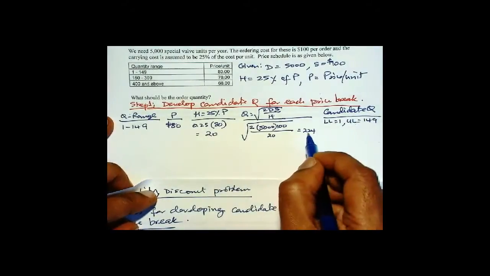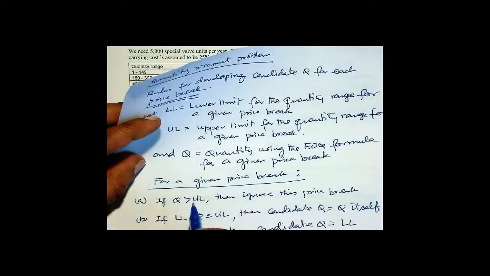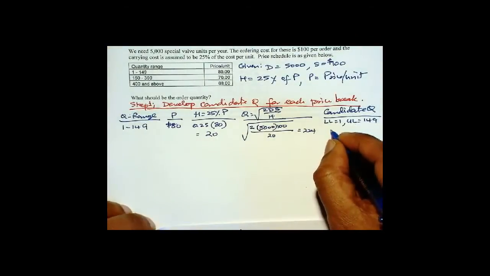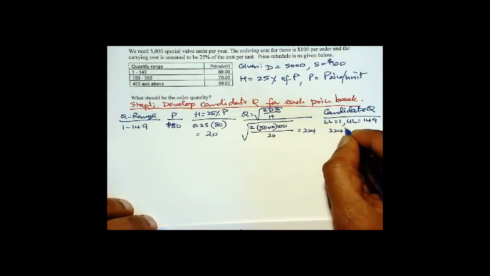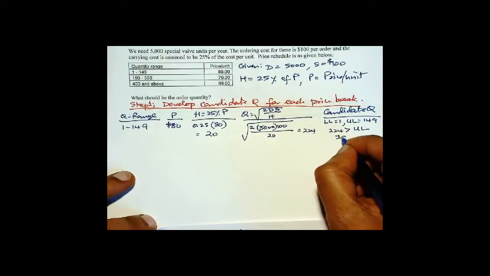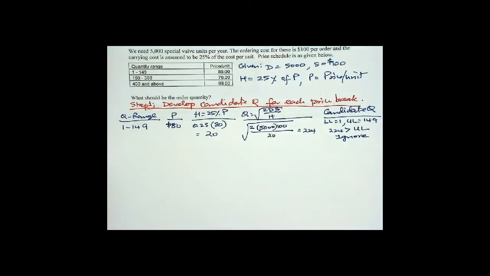Now our Q is greater than upper limit. So this is the first case, in which case we ignore that price break. So 224 is greater than upper limit, so we ignore. So we're not going to consider that price break.